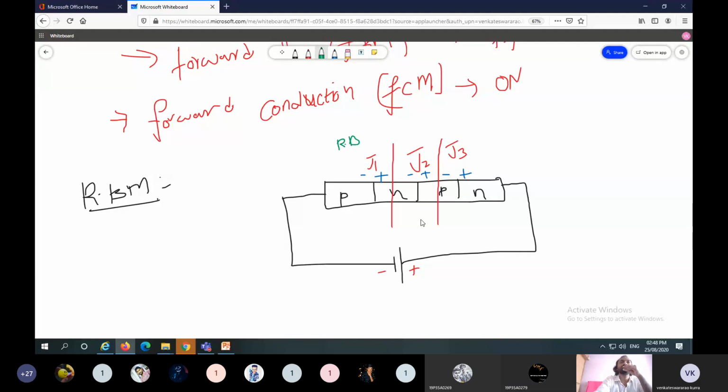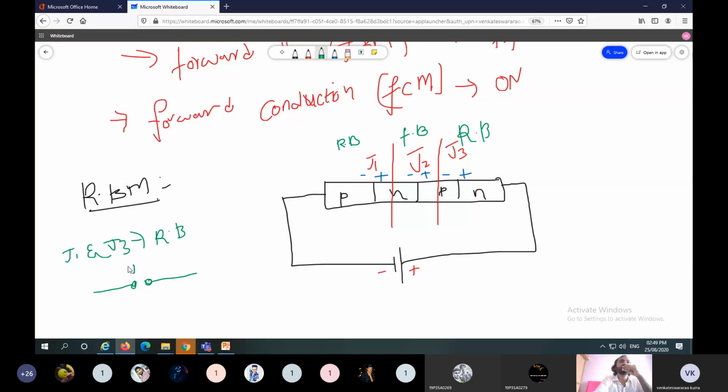Next, junction J2. Forward bias, because N is connected to the negative supply and P is connected to the positive supply. Next, junction J3. Reverse bias. So junctions J1 and J3 act as reverse bias, which means these two are open circuited.